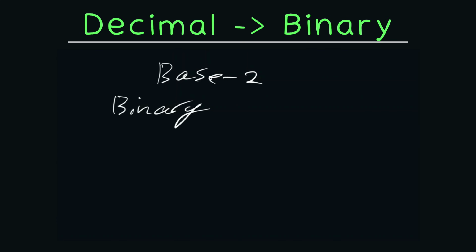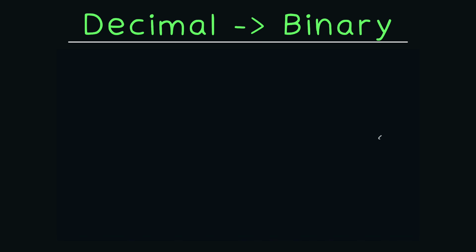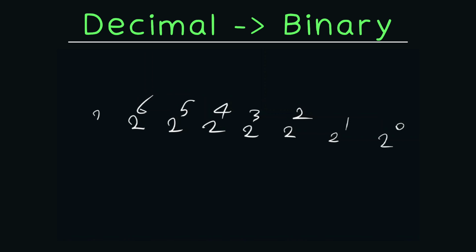For learning how to use the binary system, it's very helpful to know the powers of 2. So let's start with the powers of 2. To the power of 0, power 1, 2, 3, 4, 5, 6, and 7. Let's stop there. Let's stop at a byte, an 8-digit number in binary.